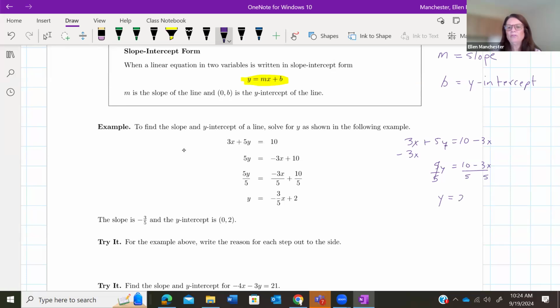10 divided by 5 is 2. 3 divided by 5 is 3/5 x. So remember the value next to the x is your slope. The y-intercept is the constant, so I can rearrange it: y equals 3/5 x plus 2.